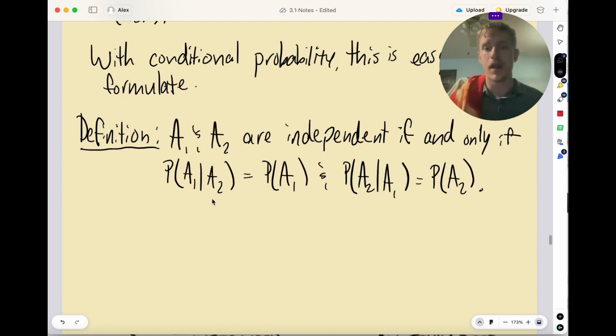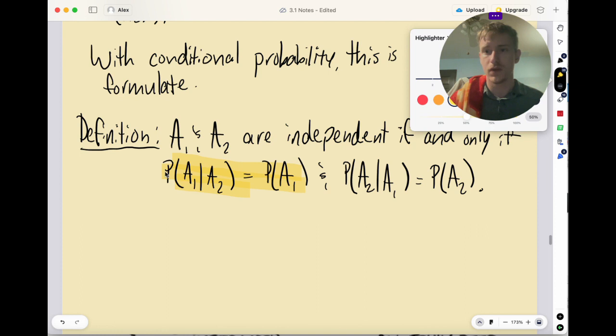Now, there is a more useful formulation that we can derive from this. Without loss of generality, I'm going to take this condition right here and mess around with it a little bit more.